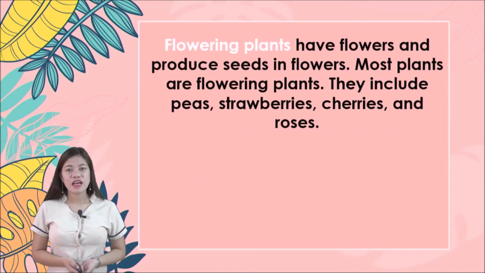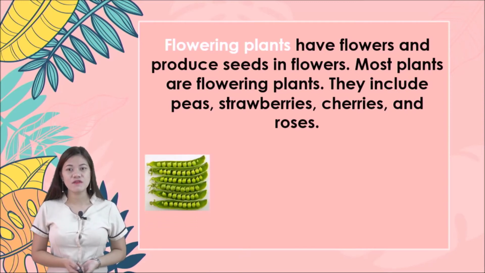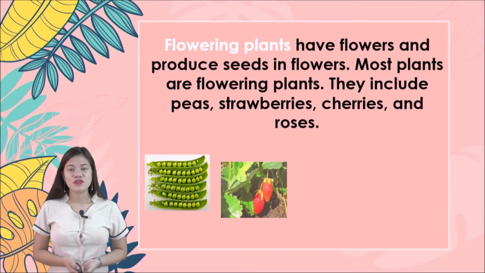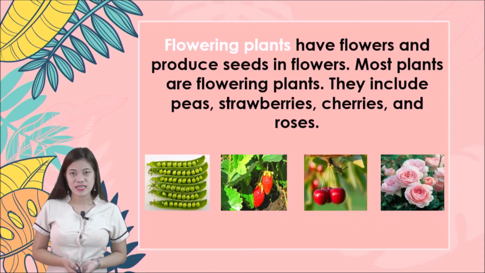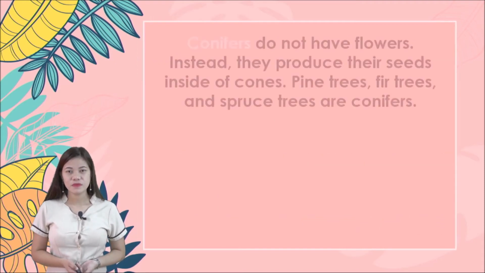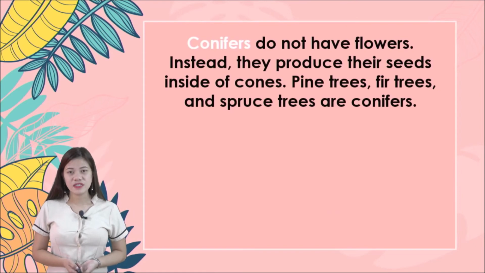Next, flowering plants have flowers and produce seeds in flowers. Most plants are flowering plants. They include peas, strawberries, cherries, and roses. While conifers do not have flowers.